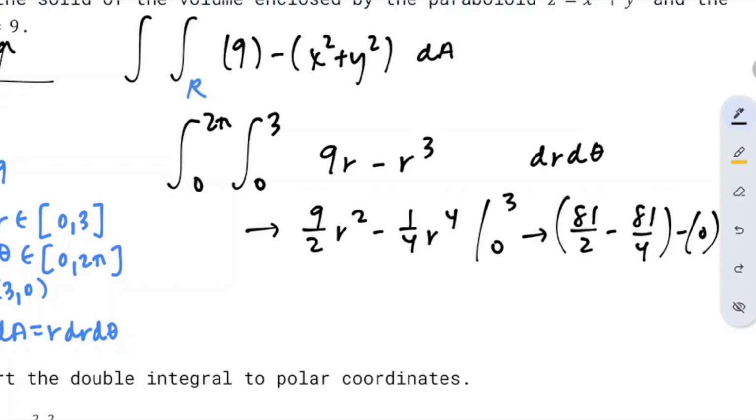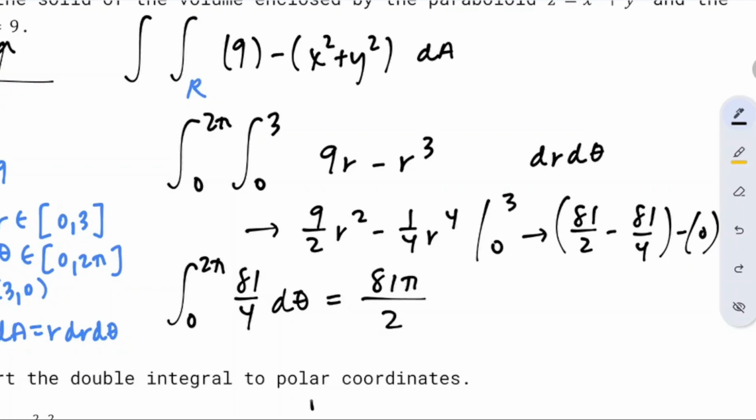Half minus a fourth is a fourth, so that gives me 81 over 4. And so I'm going to multiply that by 2 pi and get 81 pi over 2.